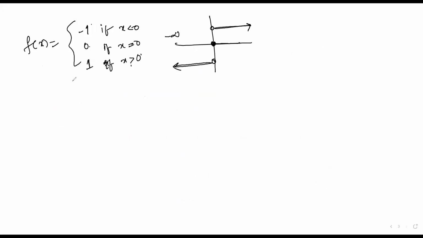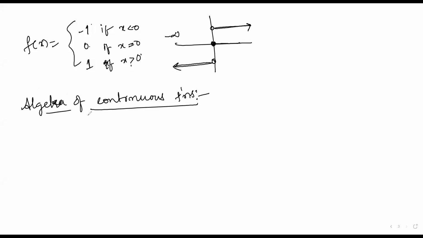So it is a continuous function. Therefore, here we see the algebra of continuous functions. What is that? Let f and g be continuous functions, continuous at even one point.